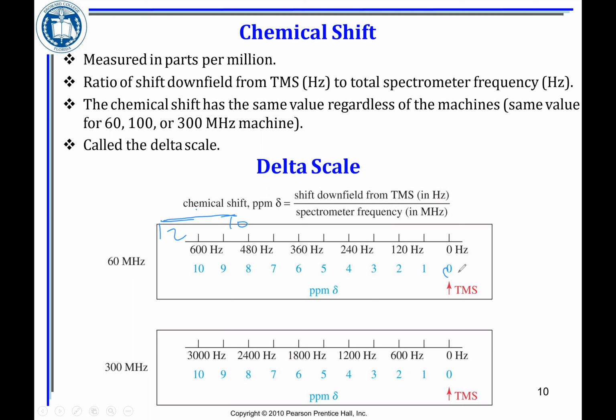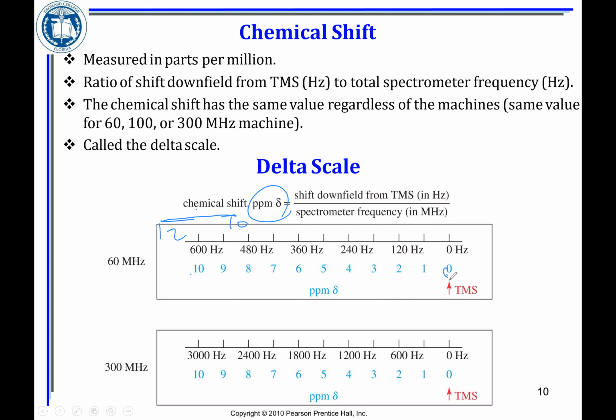Basically a ratio is used, so the ppm is from 0 to 10. This is the chemical shift, and you're comparing everything to the TMS.